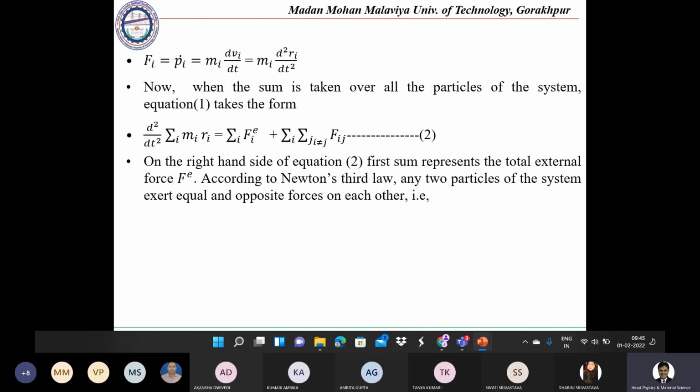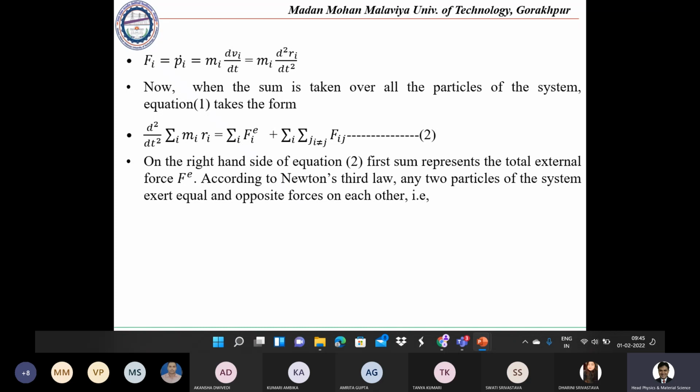According to Newton's third law, any two particles of a system exert equal and opposite forces on each other. तो obviously अगर हमारा कोई एक पार्टिकल है, जितना फोर्स उसके ऊपर वो लगा रहा है उतना उस पर भी लगा रहा है, until and unless the body is not a rigid body. अगर rigid body नहीं है तब सिचुएशन थोड़ी सी डिफरेंट हो जाएगी. If rigid body है, बॉडी अगर हम बात कर रहे हैं तो हमेशा हम rigid body की ही बात करेंगे. तो rigid body के केस में एक पार्टिकल जितना फोर्स उस पर लगाएगा न्यूटन के थर्ड नियम के हिसाब से, वो दूसरे पर भी वो उतना ही फोर्स लगाएगा.